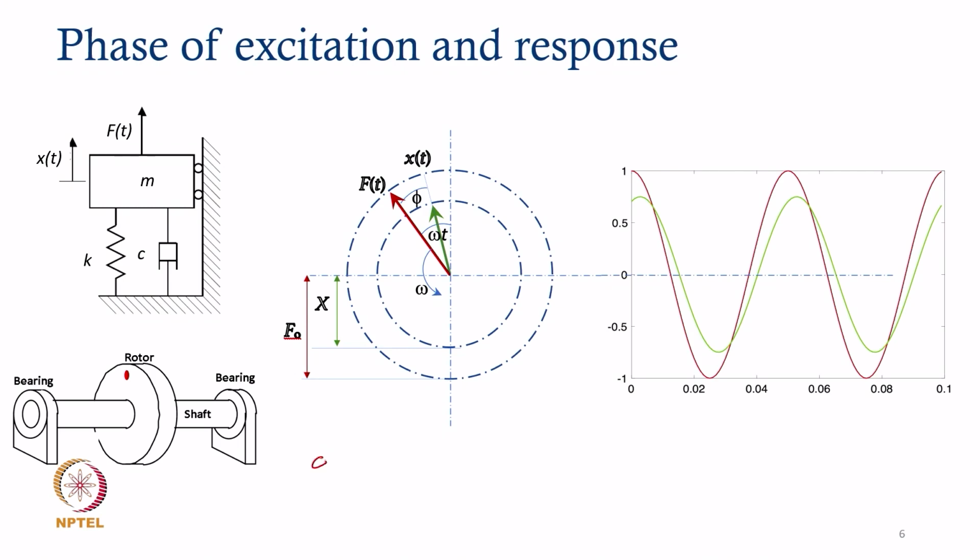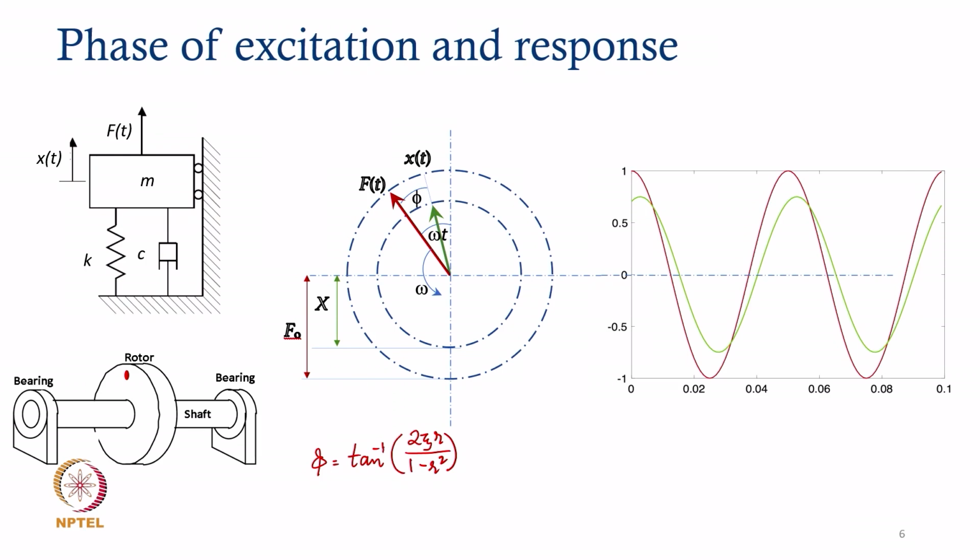Something which is pretty straightforward here. So, this phase angle has been shown to be given by tan inverse of the ratio 2 zeta r and 1 minus r square.